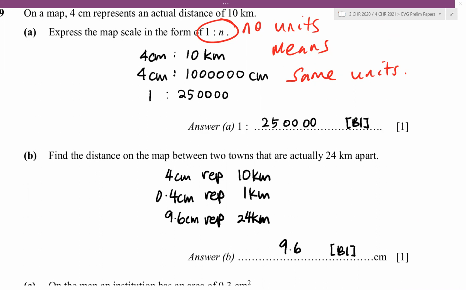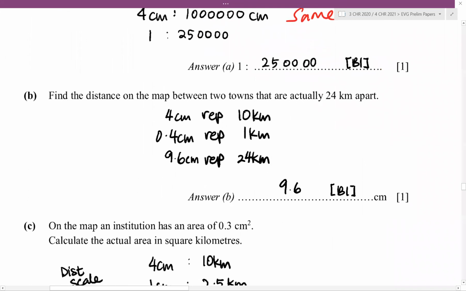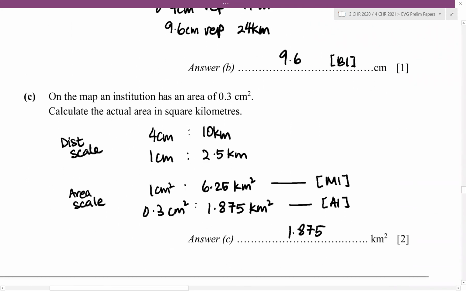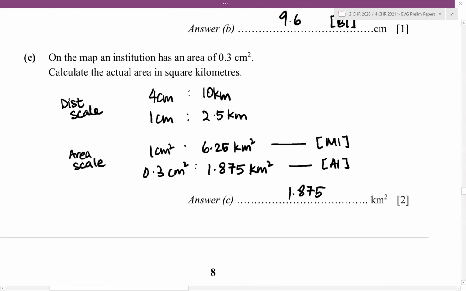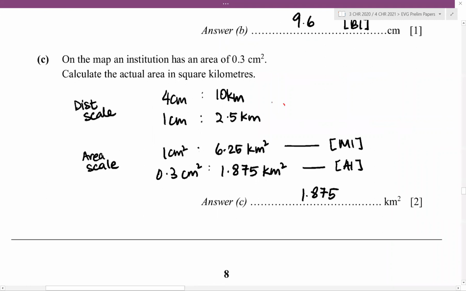Okay, part A, part B, no issue. Part C for area. Okay, this step okay or not? 1 cm to 2.5 km.